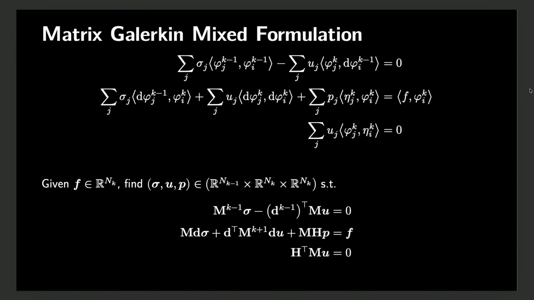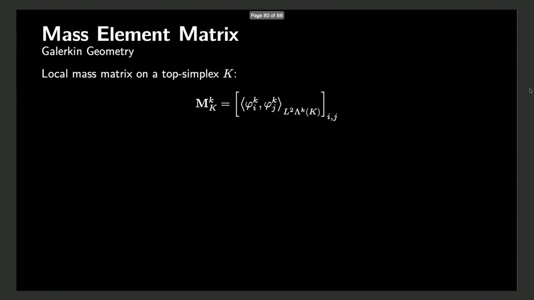And then there are also the harmonic forms expressed in the Whitney basis. You kind of need to pre-compute the harmonic forms in order to solve the source problem. This mass matrix, as I said, is the only Galerkin matrix you need to compute. It's just the matrix filled with all the L2 inner products of all Whitney basis functions with each other.